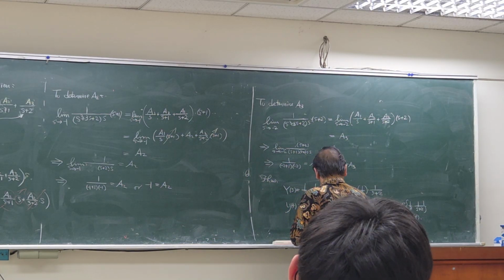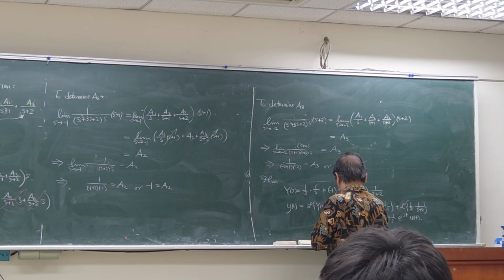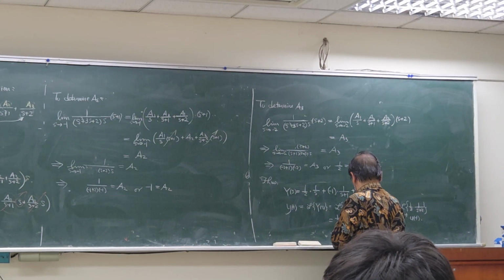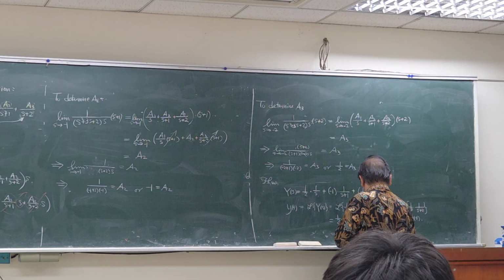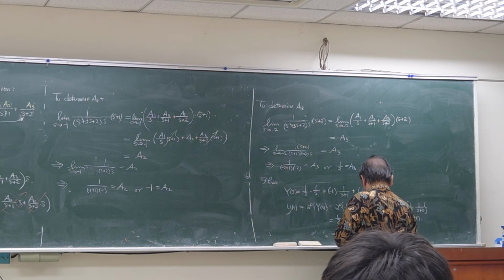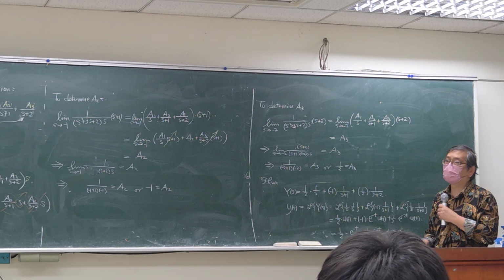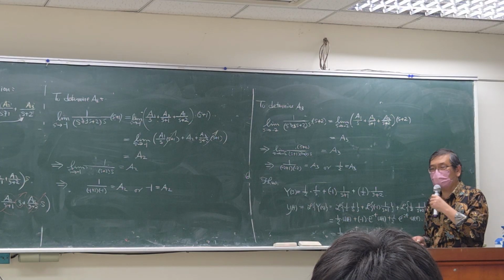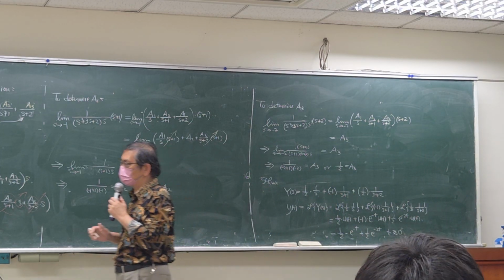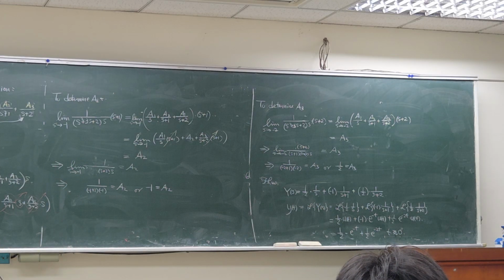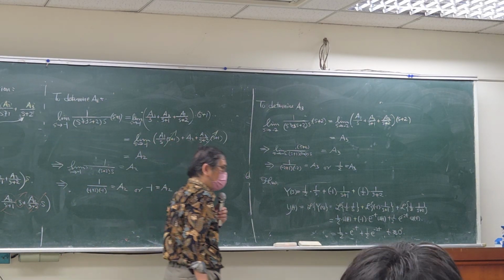So we can simply write it as 1/2 minus e to the negative t plus 1/2 e to the negative 2t for t greater than or equal to 0. So this is one way to determine the response in the time domain. And a question one more time.